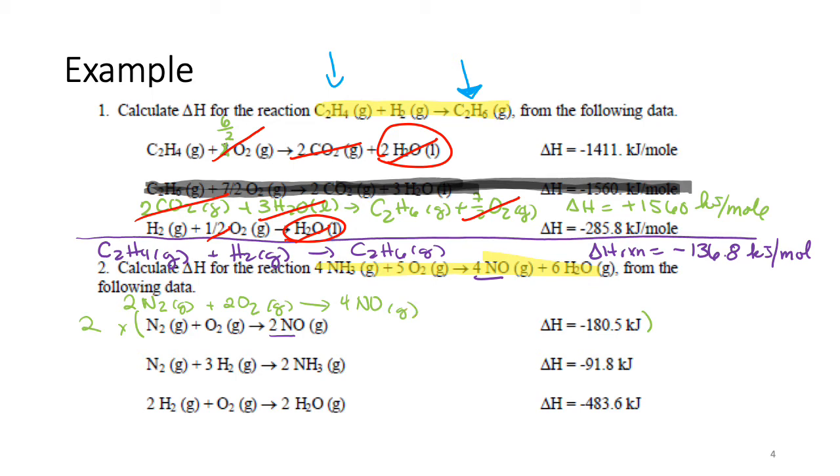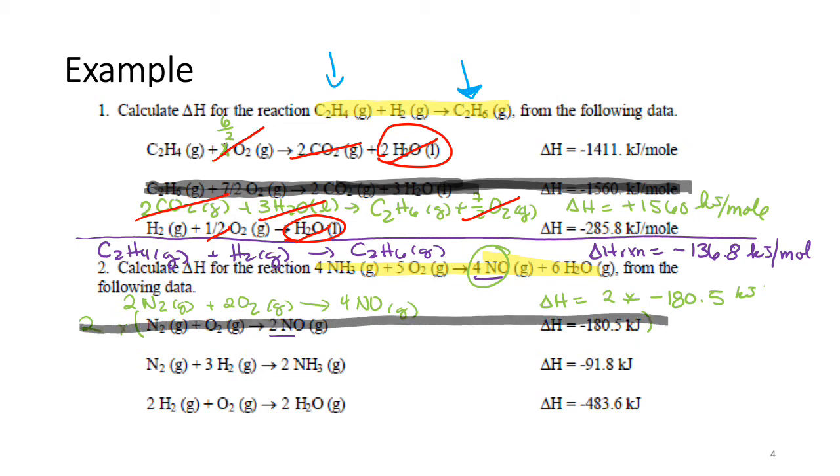Whatever I do to my equation, I must do to my delta H. So my delta H is going to be 2 times negative 180.5. Once again, the reason why I multiply by 2 is because I need 4 NOs, and this equation only has 2 NOs. So I am going to be lacking in my nitrogen monoxides. After I do that, I am going to stretch it out so I don't have to look at it again.